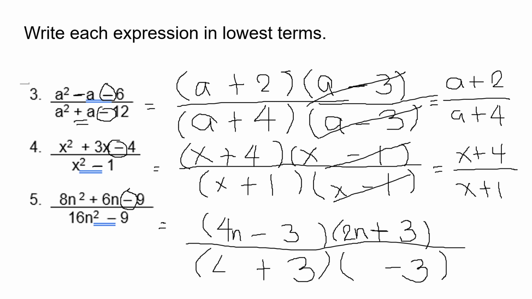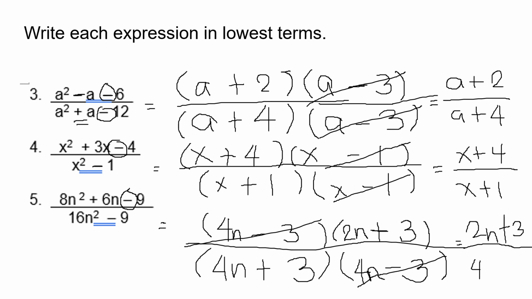So that would be 4n and 4n. Then, cancel na natin yung common sa numerator and denominator. So, yung matitira, our final answer, 2n plus 3 over 4n plus 3.